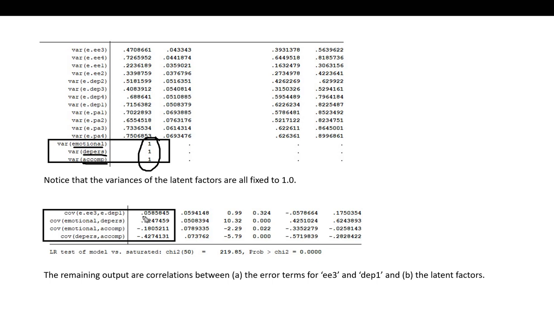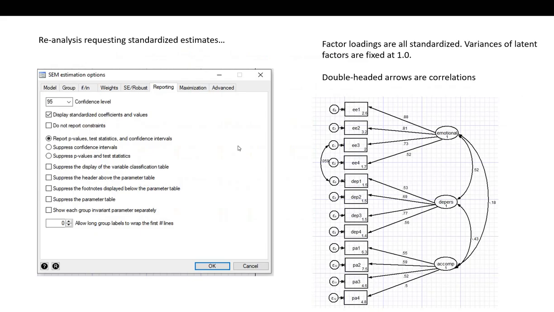You can also see the correlation between the error terms and the p-value given right here, and the correlated error is not statistically significant. You can also see the correlations between emotional exhaustion and depersonalization, emotional exhaustion and accomplishment, and depersonalization and accomplishment. So those are all the values that were appearing in this particular diagram where we had requested the standardized estimates.